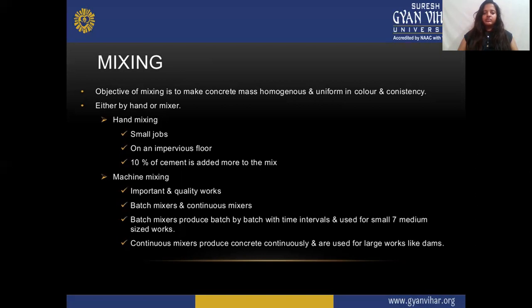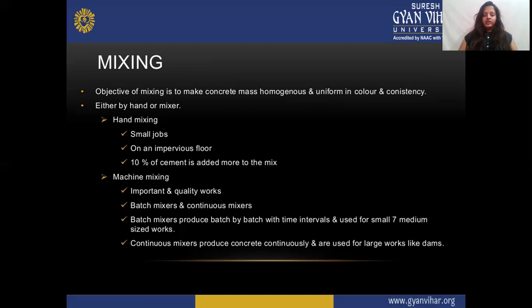So batch mixers and continuous mixers are the variants which are available. They can either be placed at the site of construction, or the concrete is mixed and batched in a ready-mix concrete plant. The batch mixers produce batch by batch with time intervals and are used for small and medium size works.